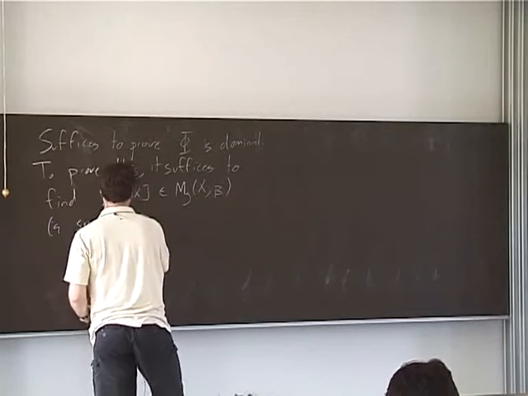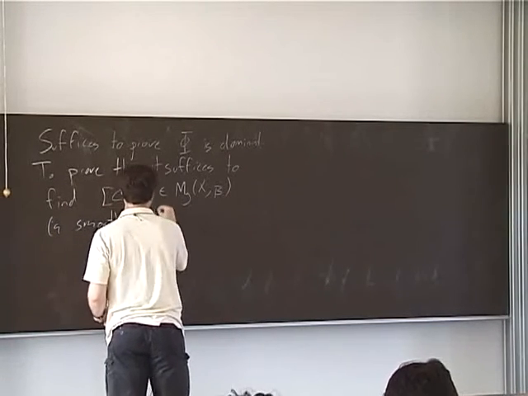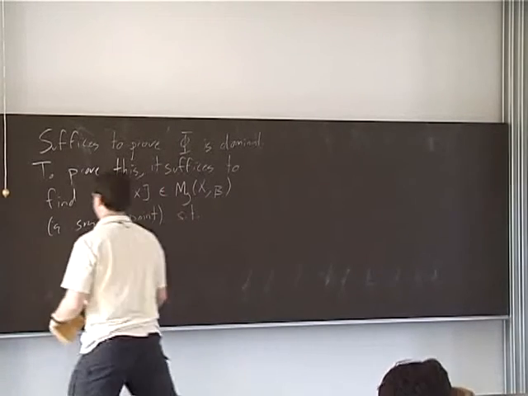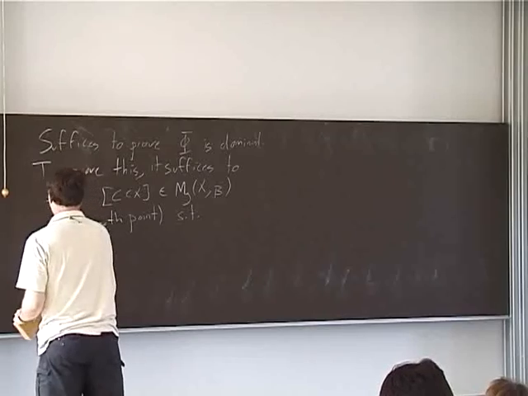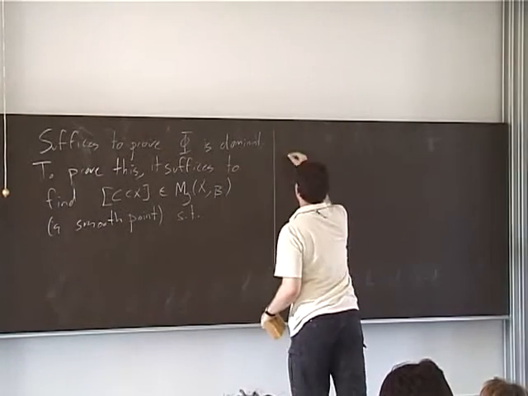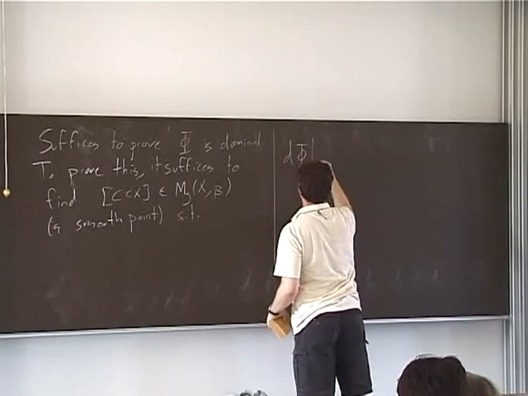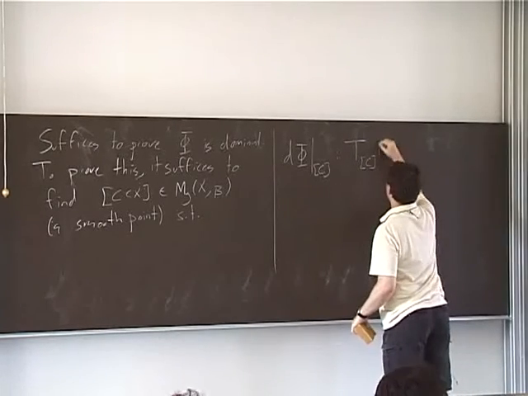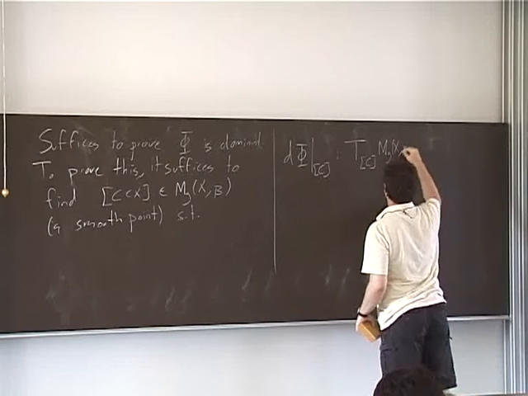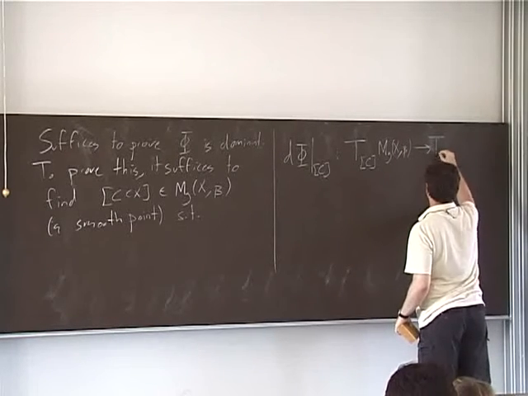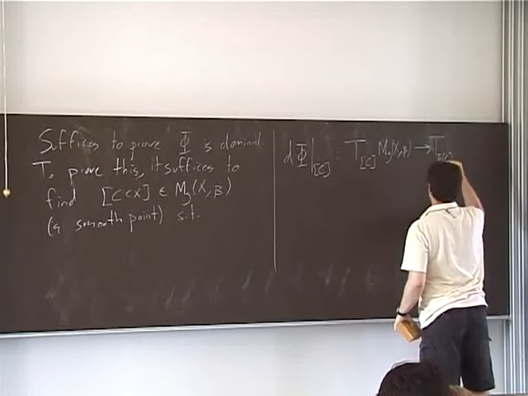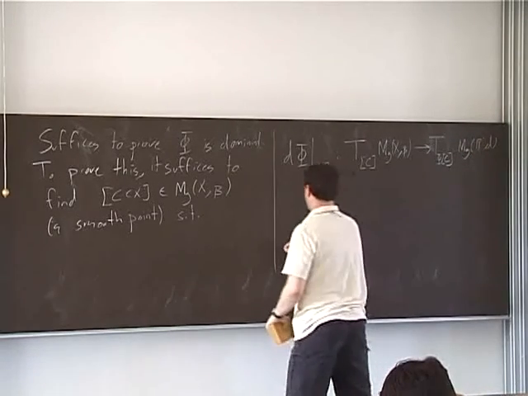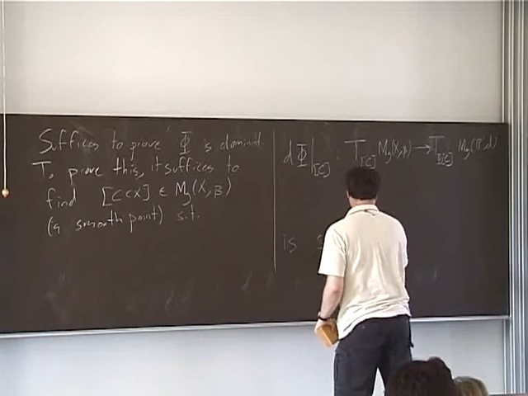So this variety will not be smooth, but a generic point of this variety is a smooth point, such that the derivative map at this point from the Zariski tangent space of Mg x beta to the Zariski tangent space of Mg P1 d is surjective.